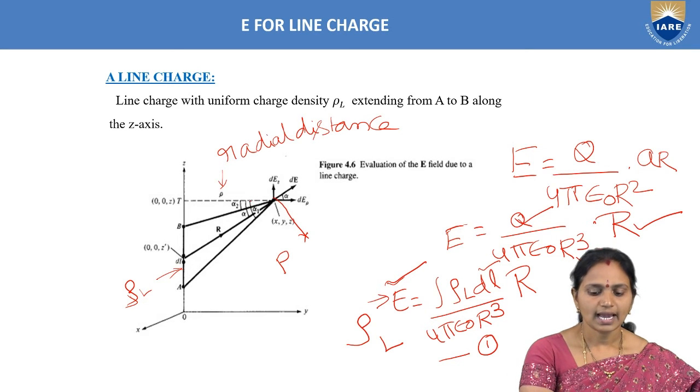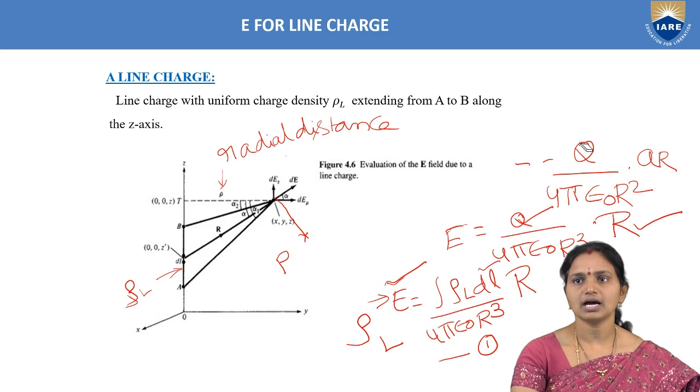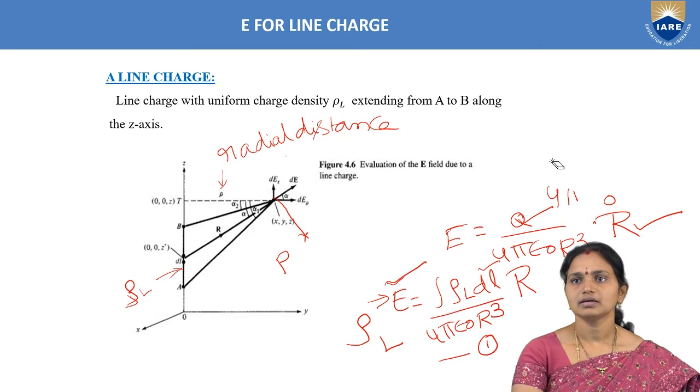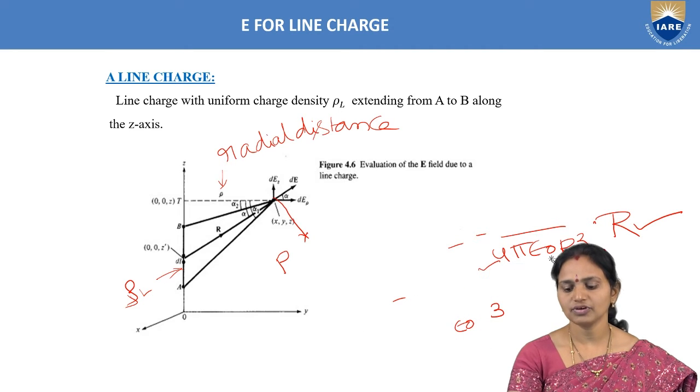Next, if you take the angles made by these points A and B with the field point, here we have alpha 1 and alpha 2. We can take alpha 1 as the angle made by the first end or starting end of the line charge with the field point.